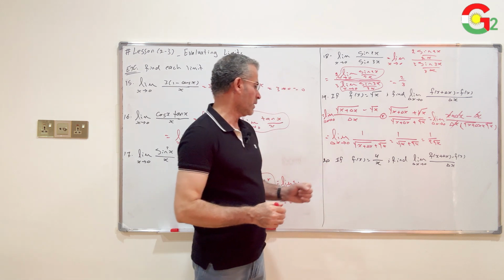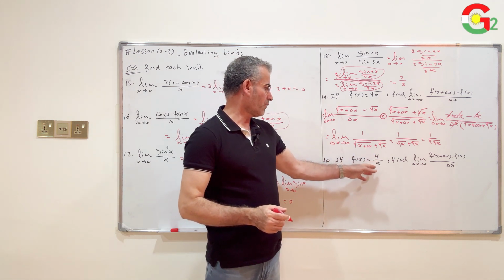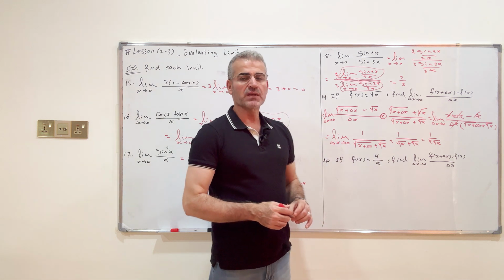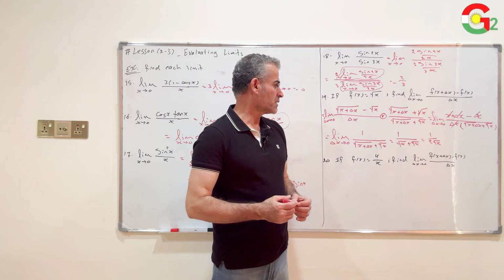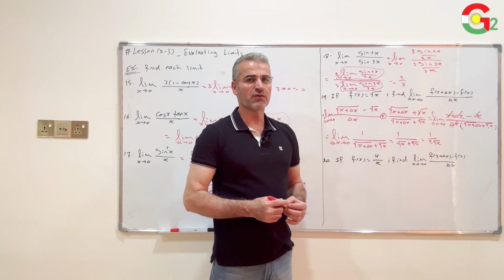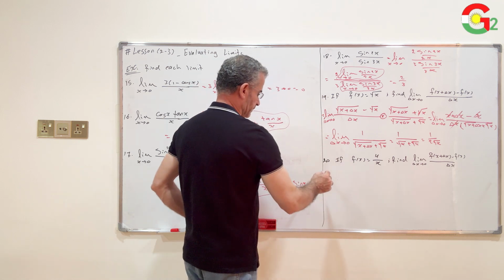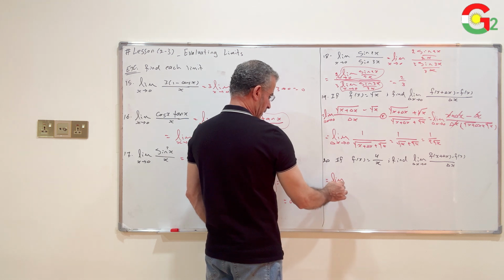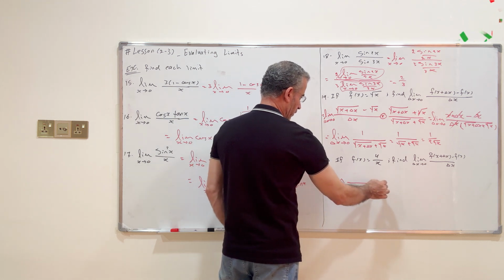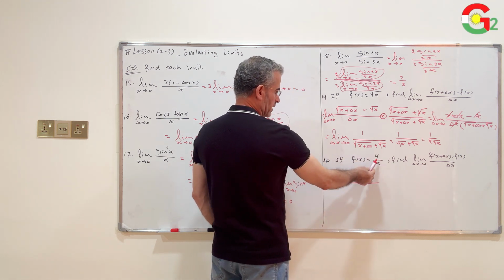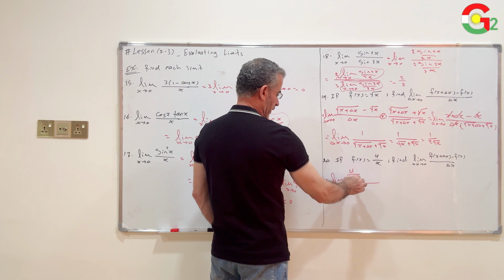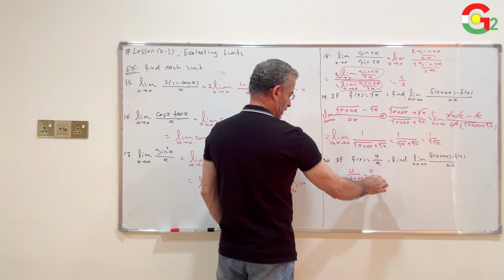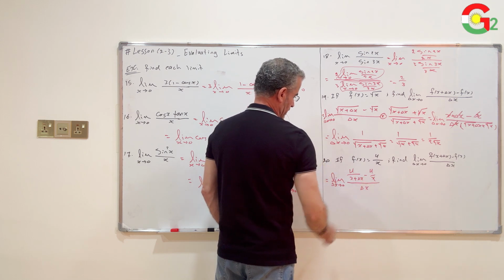Question number 20. If f of x equals 4 over x, find the limit as delta x approaches 0 of f of x plus delta x minus f of x, over delta x. The limit will be the limit as delta x approaches 0, where f of x plus delta x is 4 over x plus delta x, minus f of x, which is 4 over x, over delta x.